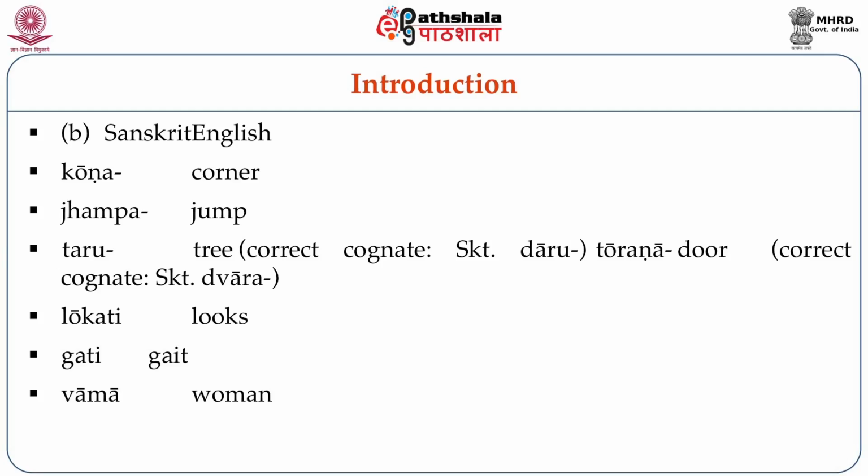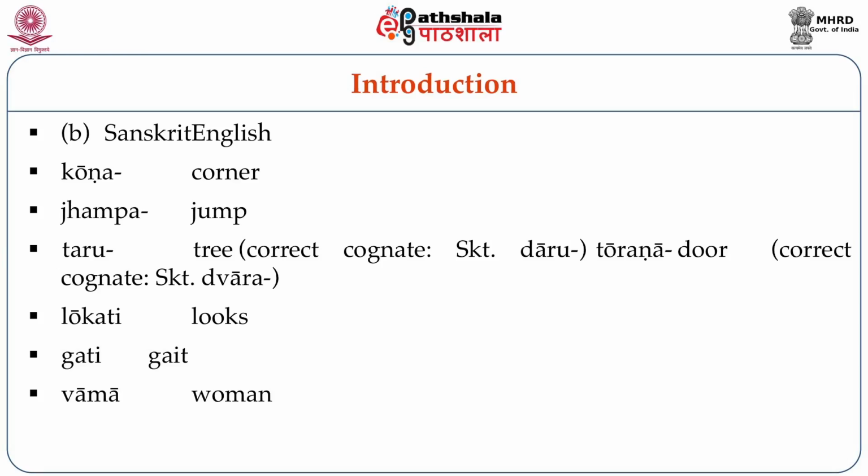The correct cognate in Sanskrit should be daru. Torana in Sanskrit is similar to English door. Here also the correct cognate in Sanskrit is dvara. Similarly, gati, we have gate, and vama in Sanskrit is woman in English.